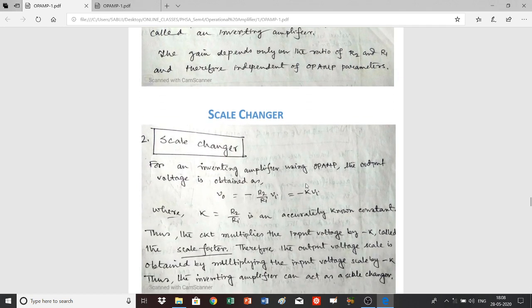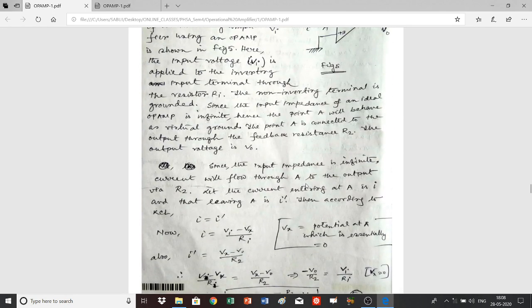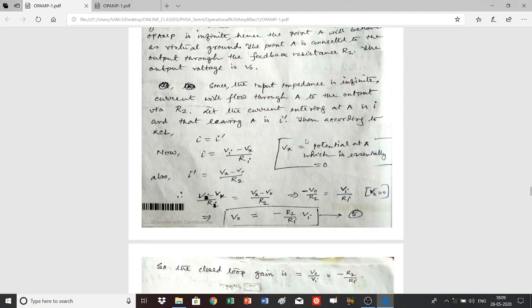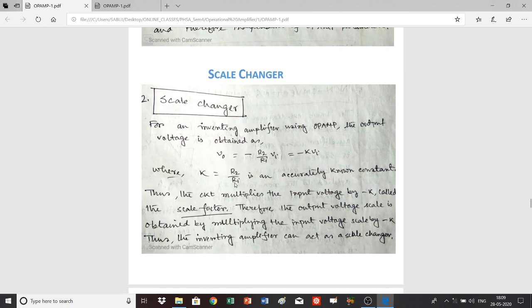Now, scale changer: why an inverting amplifier is called a scale changer can be understood from this section. We know that the output voltage of an inverting amplifier is given by minus R2 by Ri into Vi, which is also written here, and you write R2 by R1 as K. So you get from this relation that V0 is equal to minus K into Vi, where K is nothing but R2 by R1, the ratio of the feedback resistance to the input resistance.